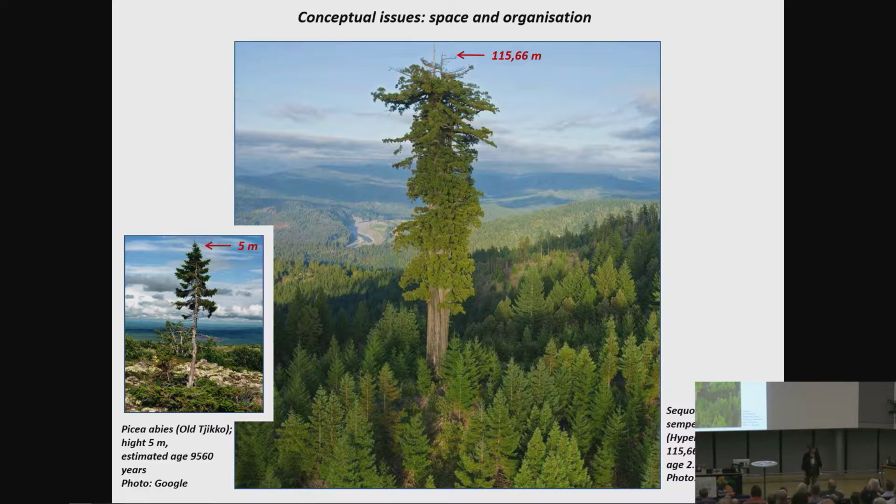But on the other side, you have Old Tjikko, and this tree is 5 meters high, but it is more than 9,500 years old. So it means that there is not a strict correlation between size, time, and organization of the tree.